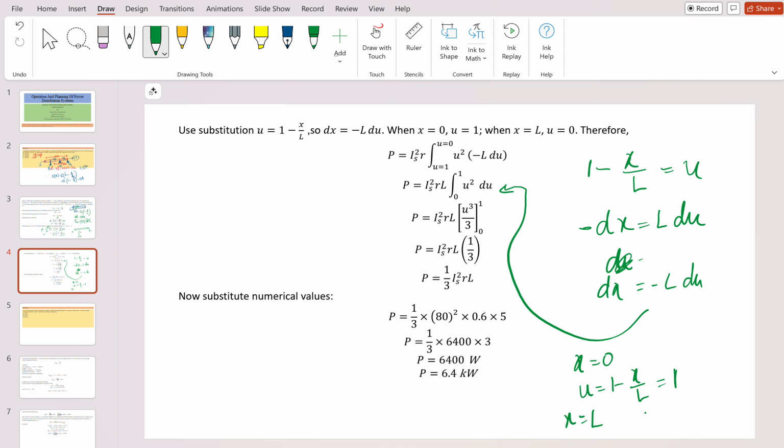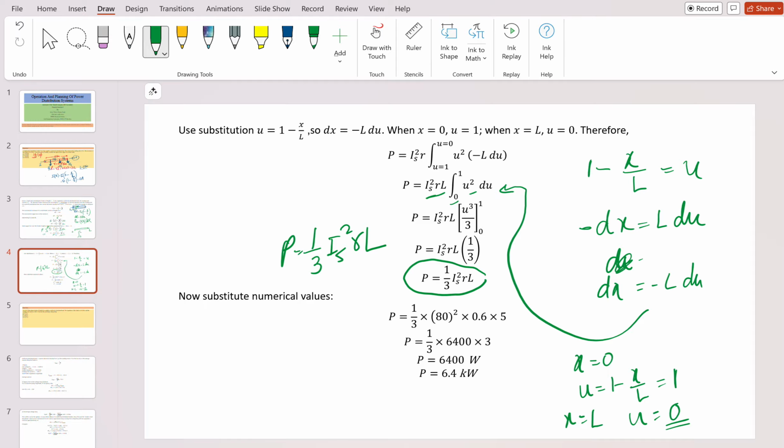At x is equal to L, you will get the value 0. So you wanted to integrate u squared from 0 to 1, and Is squared rL is constant. So you will get the power equation as power is equal to one third of Is squared times rL. This is the total power loss over the overall line.